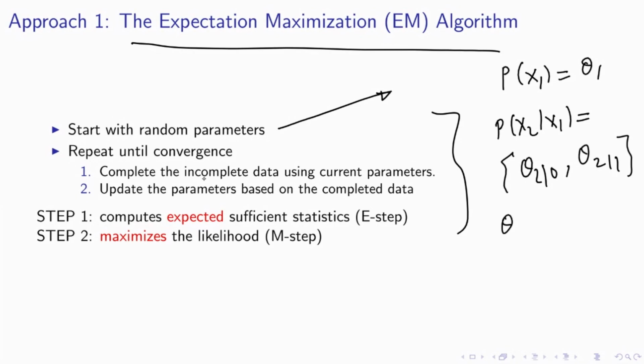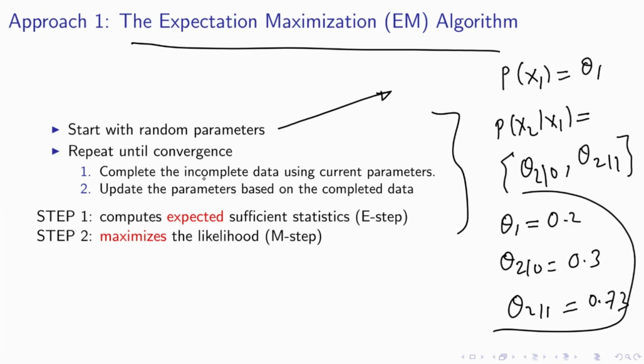An example is, let's say you draw numbers out of a hat, and theta 1 is 0.2, theta of 2 given 0 is 0.3, and theta of 2 given 1 is, say, 0.73. So initialize the parameters randomly to begin the algorithm, and then you repeat the following two steps until convergence.